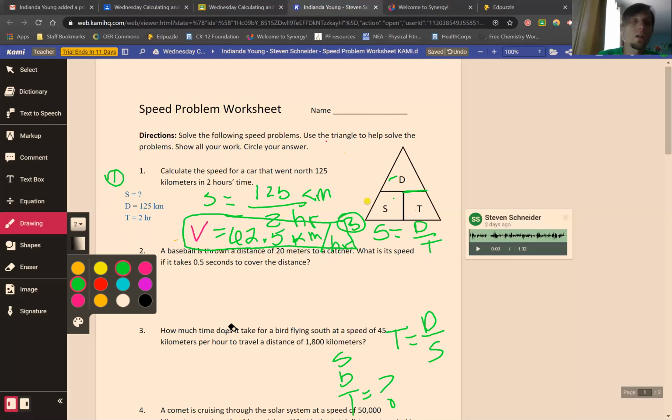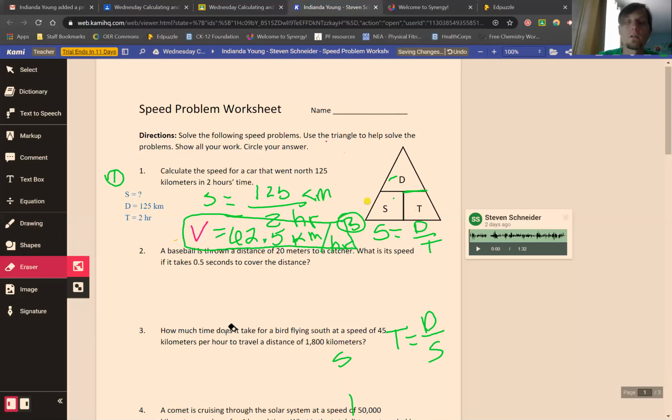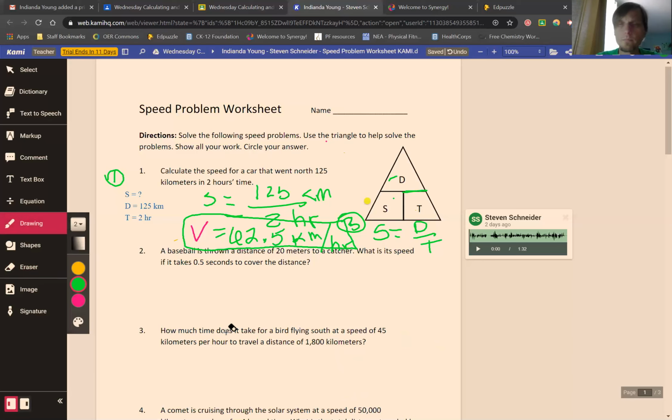And the third and last one is what if you are given the speed and the time, but you're not given the distance traveled? So you know the speed, you know the time, but how far did they go for that long? Maybe they traveled 2 hours at 60 miles an hour.